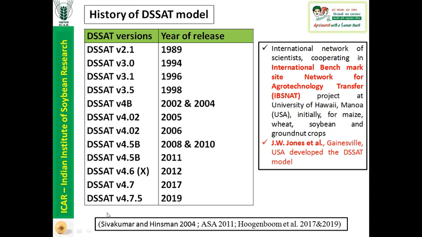Currently, DSSAT 4.7.5 is available, and it is being used for more than 40 crops throughout the world. Some of the important scientists involved in the development of this model are Professor J.W. Jones, Professor Hoogenboom and Professor Boote. Several other international scientists as well as international organizations were involved in bringing this DSSAT model to a user-friendly level.